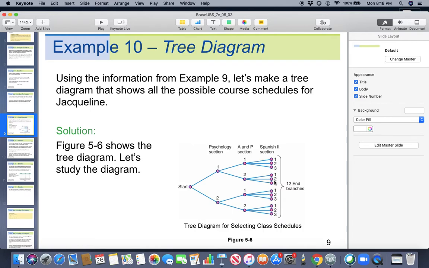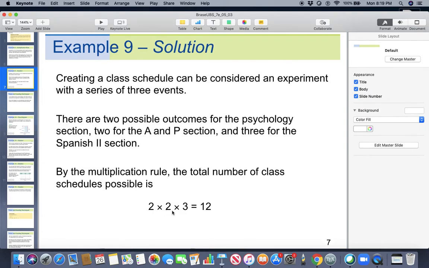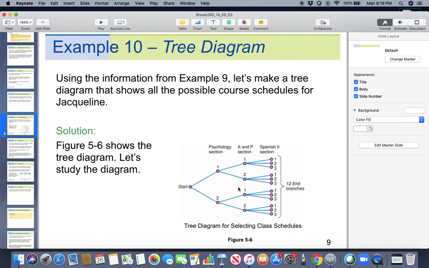So notice how many do you have? 3 here, 3 here, 3 here, 3 here, 12 in all. 12 end branches. So a tree diagram is a very nice way to explain what's going on. 2 for psychology, 2 for A and P, and 3 for Spanish. And that's what has happened here.